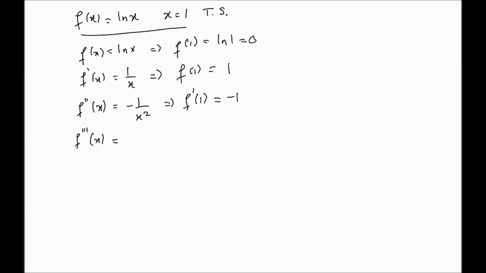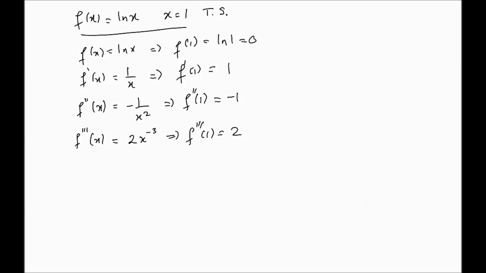So this one now is going to be 2, and I'm going to start writing these in negative powers rather than over a cube, which implies, sorry, that's the second derivative here, and that's the first derivative here. Sorry about that. So the third derivative at 1 is in fact 2. Okay, it's equal to 2.